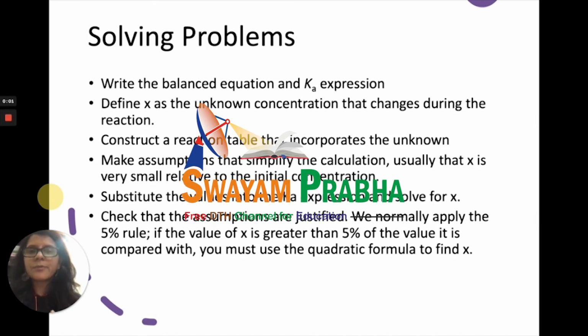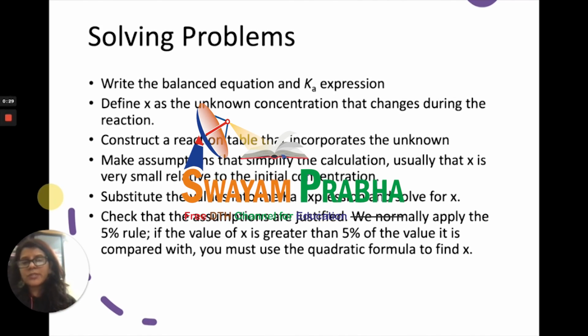So just to summarize, how do we solve problems? We write down the balanced equations and the equilibria and the Kas. We define X, which is the unknown concentration and which is changing during the course of the reaction. We construct a reaction table and show the initial, change and equilibrium concentrations. Then we make certain assumptions to simplify our calculations.